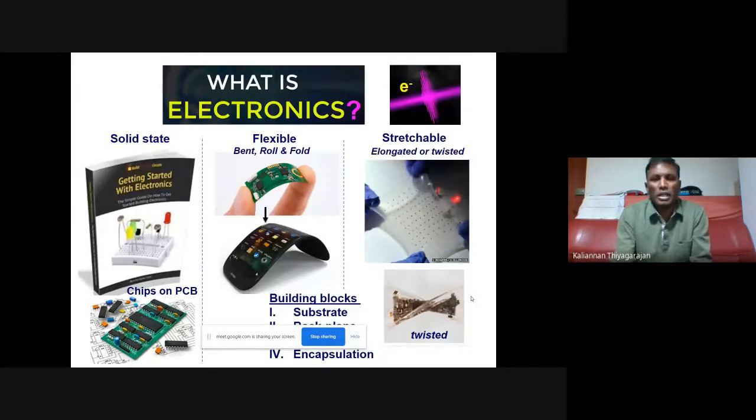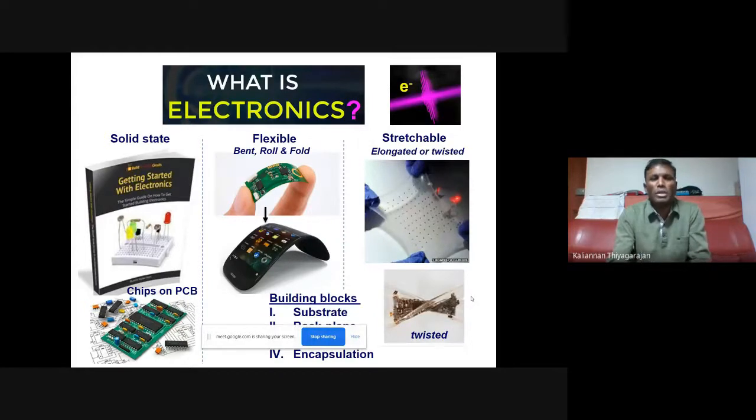In electronics we have a long history, and until now we have solid state electronics in our hands. This electronics is basically of three types. One is solid state. Currently our mobile phones, computers and laptops, everything comes under that one.